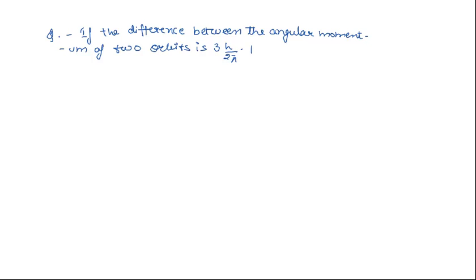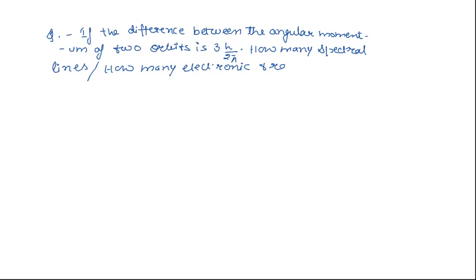So how many spectral lines will be obtained? Spectral lines, or how many electronic transitions will be there? How many electronic transitions will be there, students?